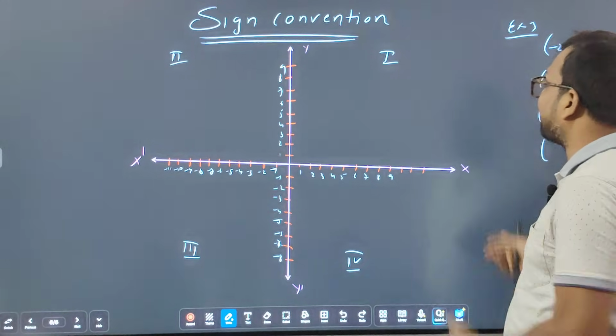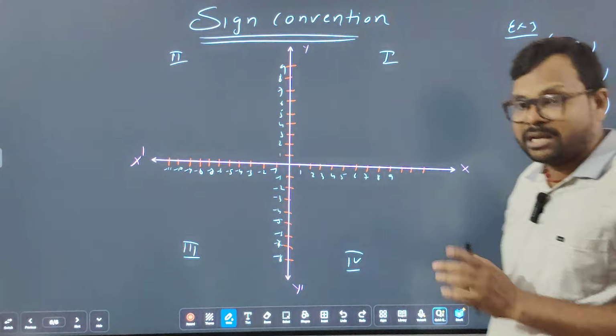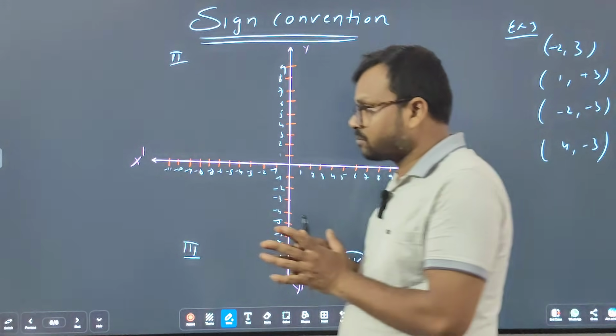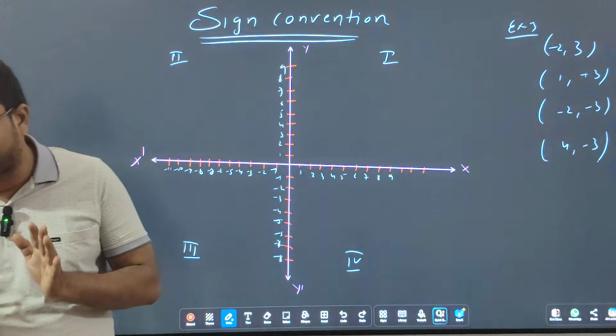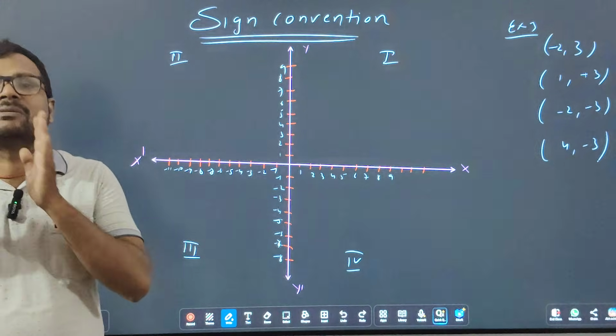Now see, what is the sign convention of the first quadrant? That means in the first quadrant, what will be the sign of the x and y coordinates? Simple. Nothing to worry and nothing to remember.